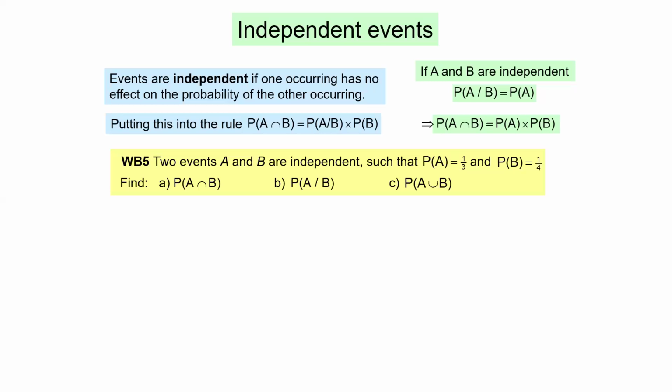And then part B. Sir, part B would be 1 over 3, right? Because according to the first formula. Yeah, B is fine.